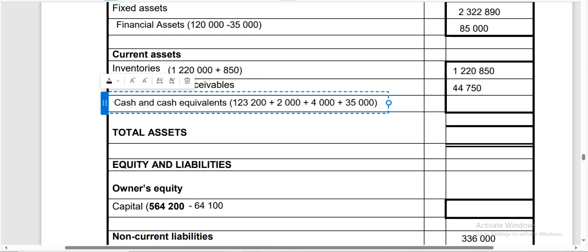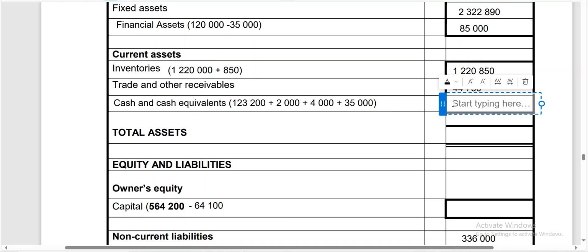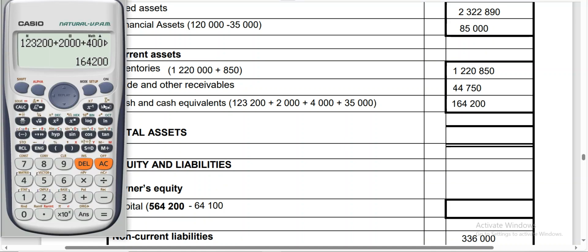We are going to say 123,200 plus 2,000, and then plus 4,000, and then plus 35,000. The answer that we are getting is 164,200. So the answer will come here, 164,200. And then once we are done with this, we can do the total of these three. This black box means that these items must be added, so we're going to add them.